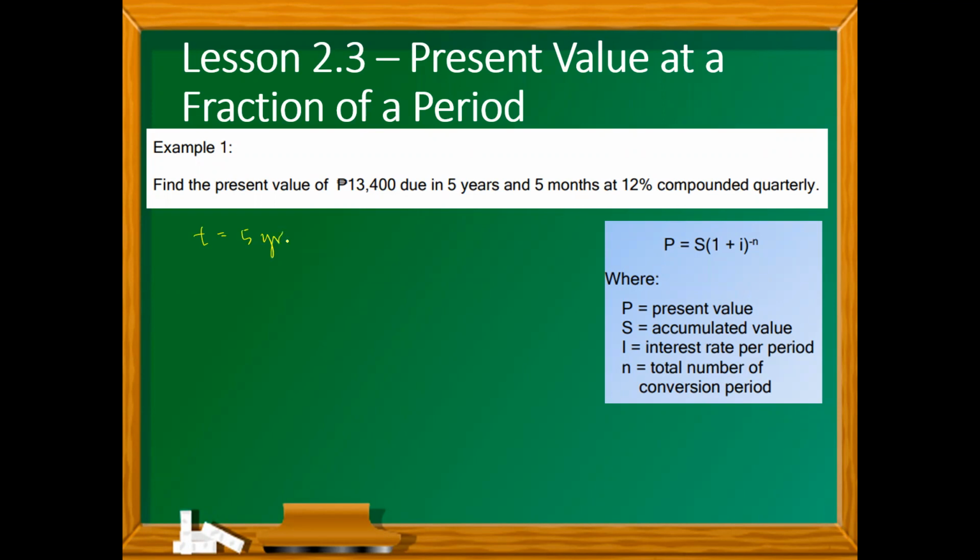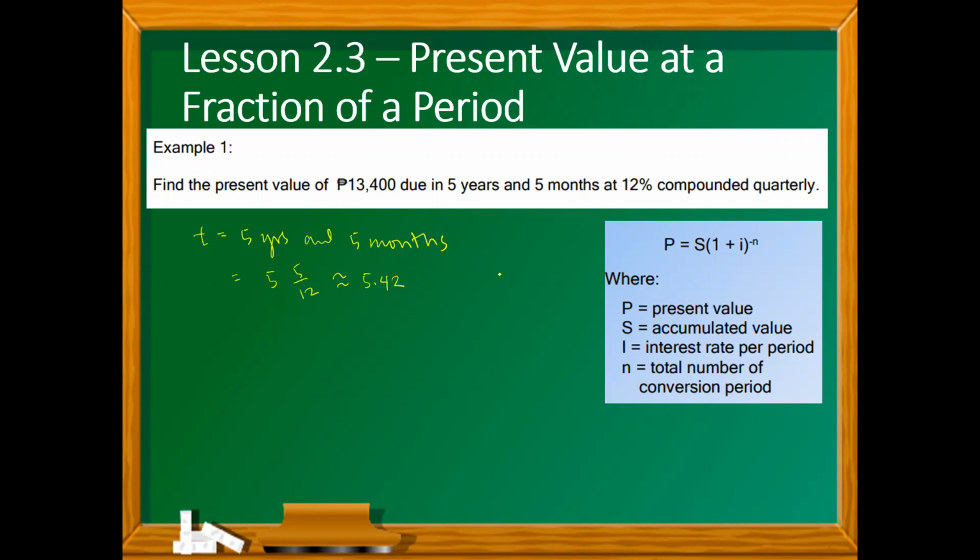So here, t equals 5 years and 5 months. So this is equal to 5 and 5 over 12. And approximately that is equal to 5.42, right? It's 5.42 years.